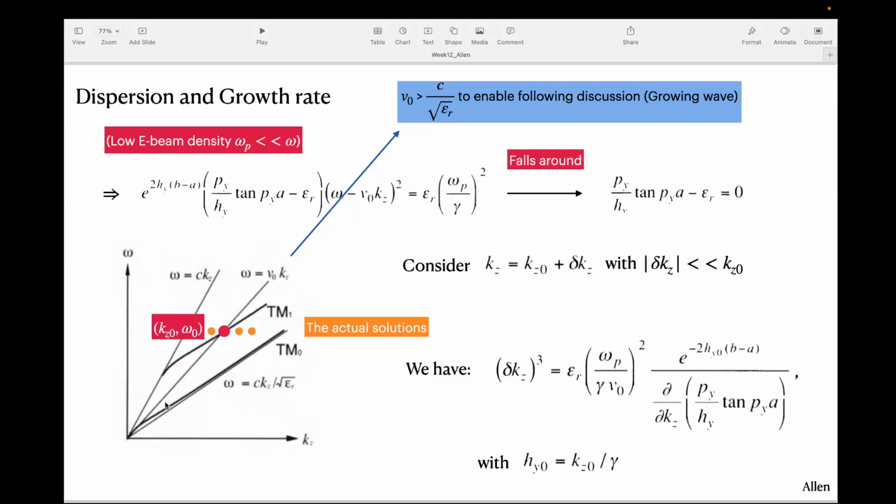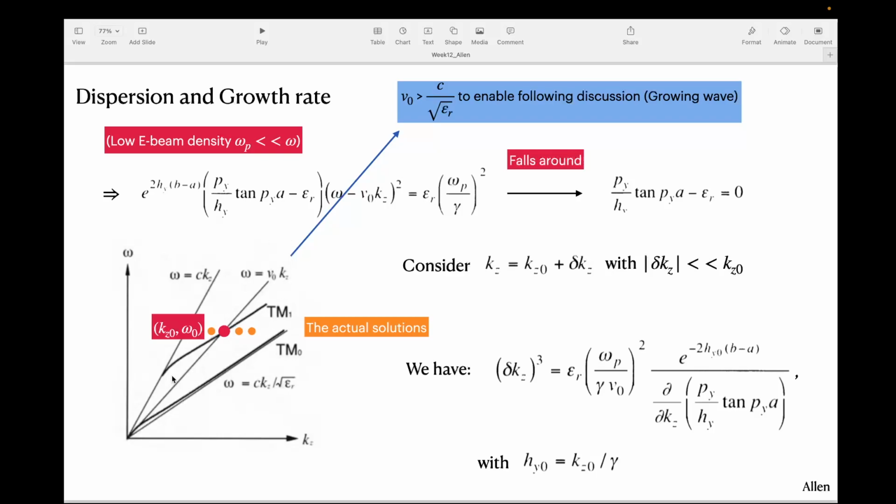And here we start to notice the importance of this line with slope of drift velocity, because if the drift velocity is not inside this region but rather outside the region, which means that the drift velocity is smaller than the phase velocity of the EM wave, that means that Cherenkov radiation does not occur, and also means that the electron beam is unable to provide energy towards the EM wave and thus grow the EM wave.